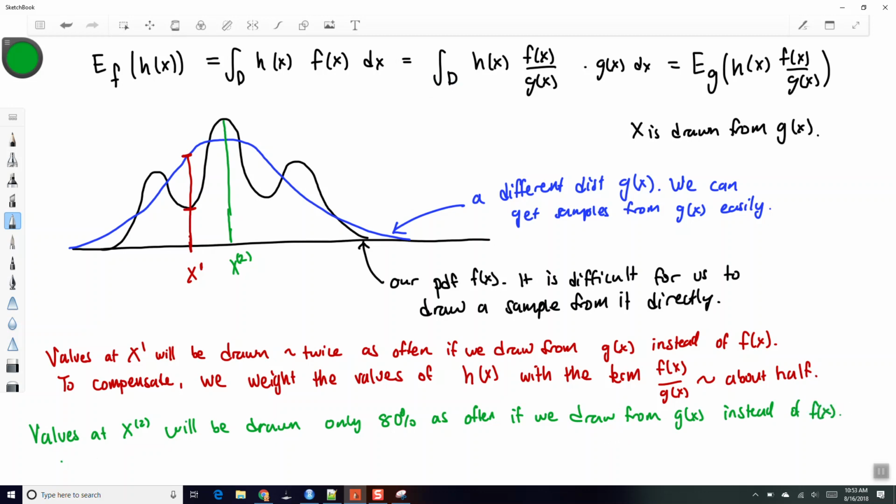Okay, and so values at x2 are weighted more heavily. So f of x over g of x is going to be greater than 1, maybe about 1.25-ish or something, right?